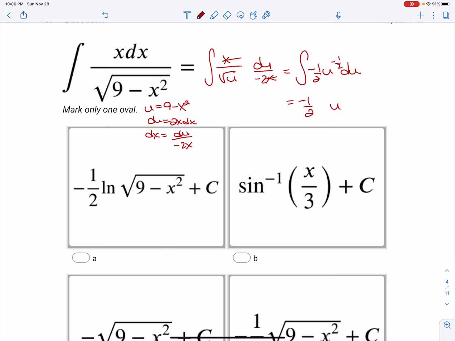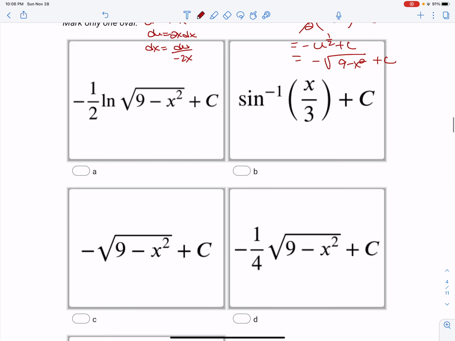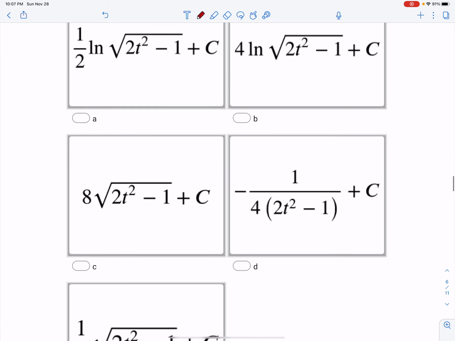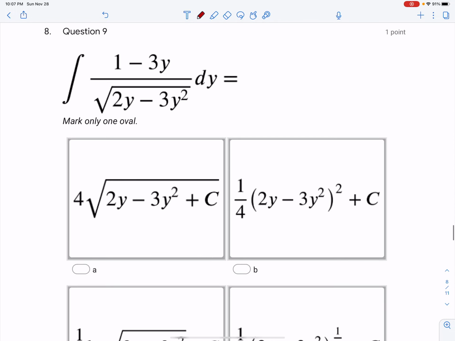This is u to the positive 1/2. So then that's multiplied by 2 and then plus c, so that cancels out. So this is negative u to the 1/2 plus c. So negative square root of 9 minus x squared plus c, which is that guy.